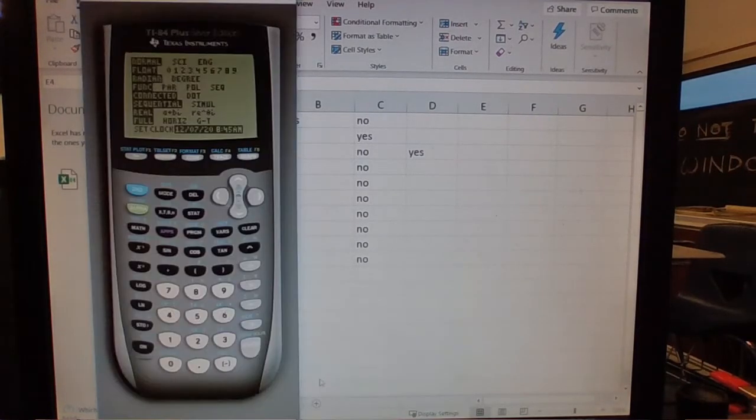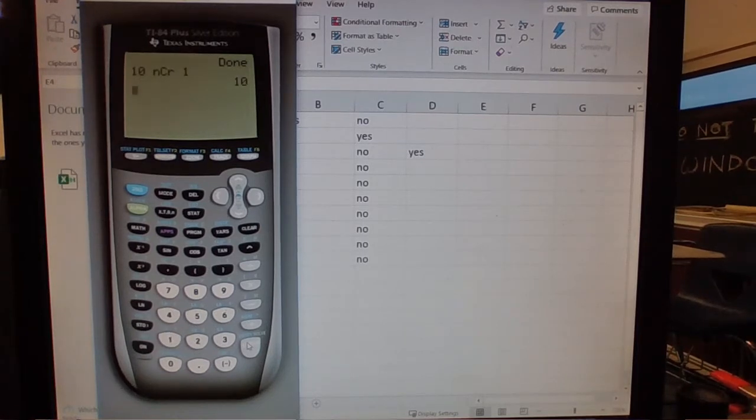So if we do that with our nCr, oh, wrong button. So 10, math, probability, nCr, 1. So there's 10 different ways.